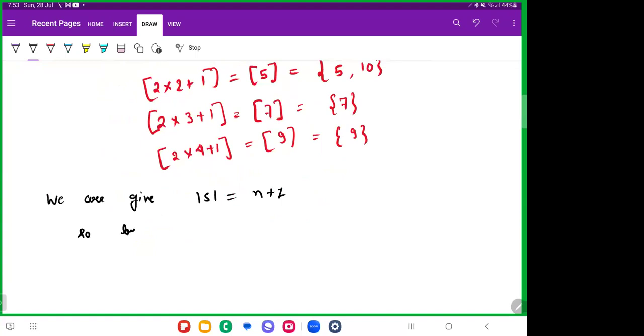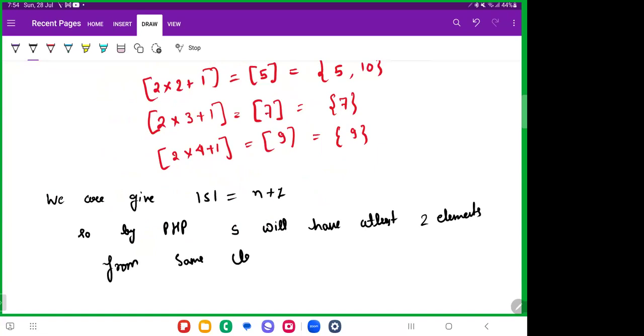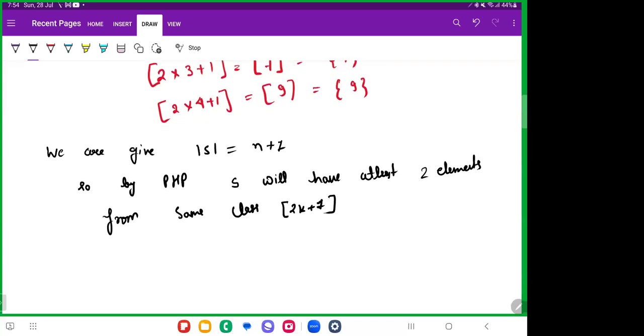So by pigeonhole principle, S will have at least two elements from the same class, 2k plus 1 class.